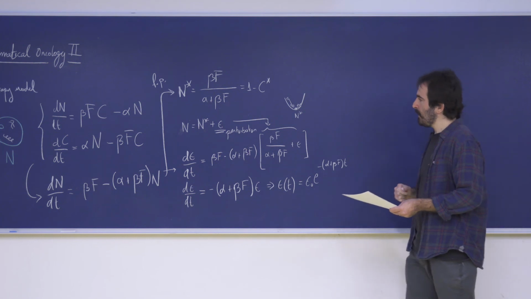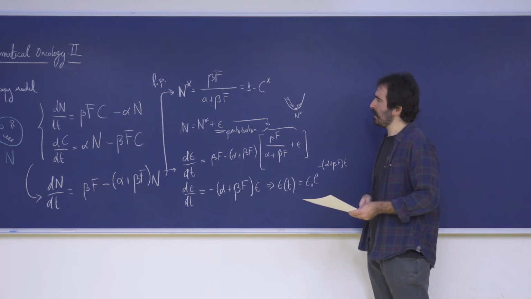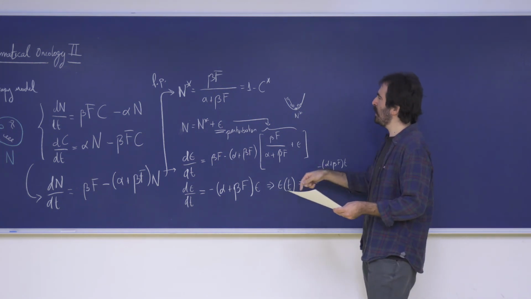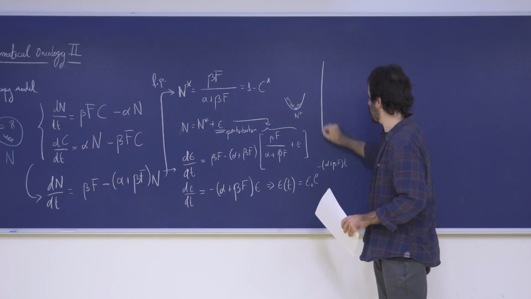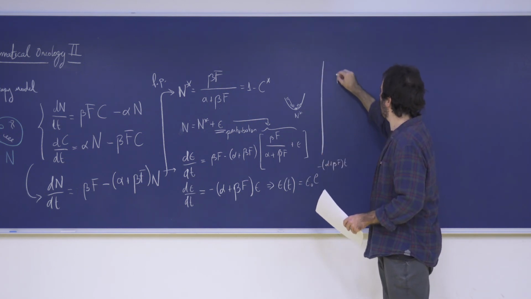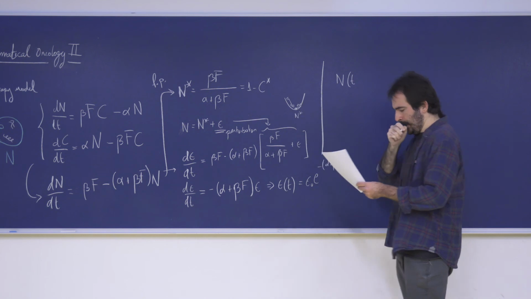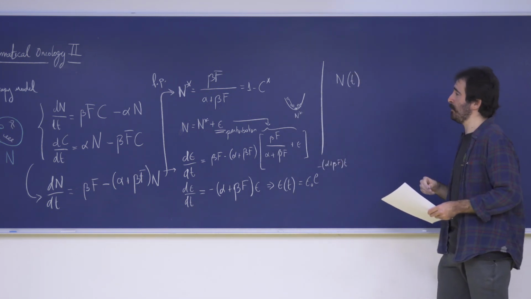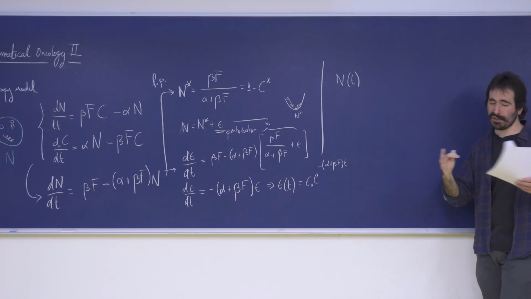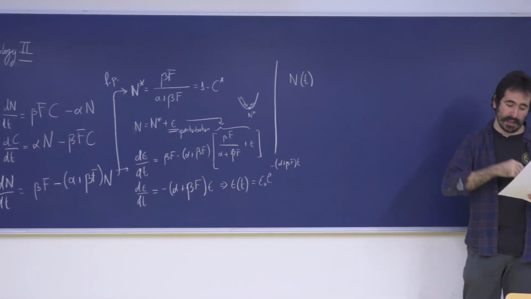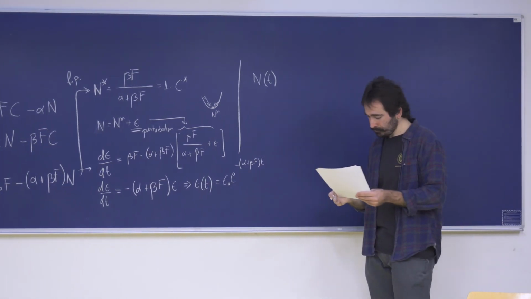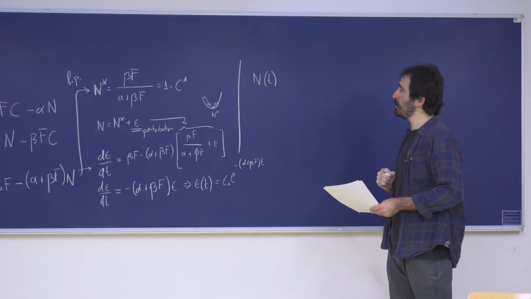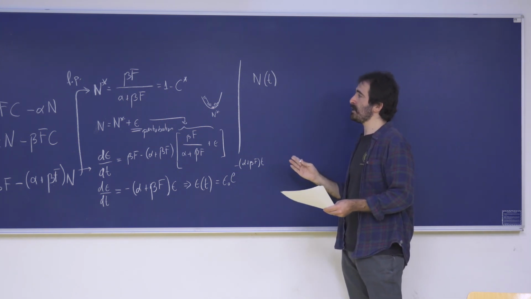Great. So the next thing that this problem asks from us is that we actually go beyond the fixed point paradigm and solve the total solution, the solution over time of the number of healthy cells. You can also do this for the number of cancer cells in whatever way you want. In this case, I am going to jump ahead and leave this as an exercise to you.